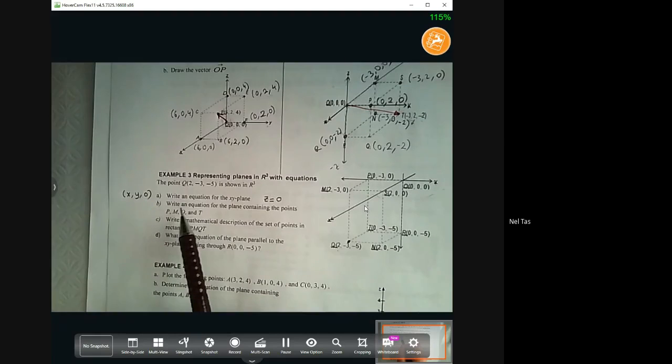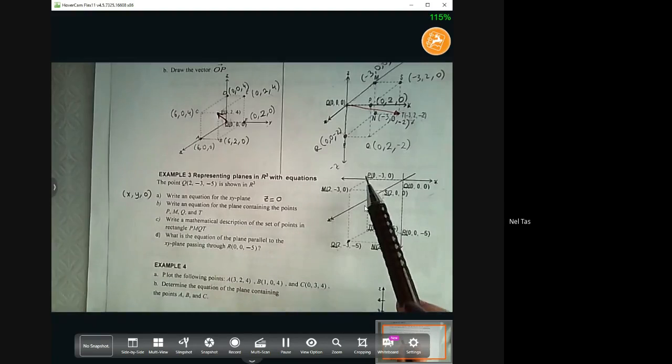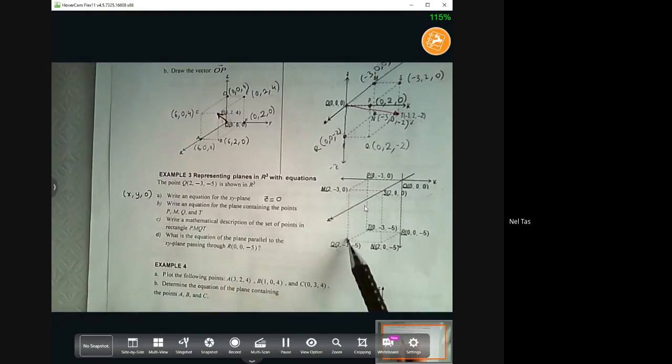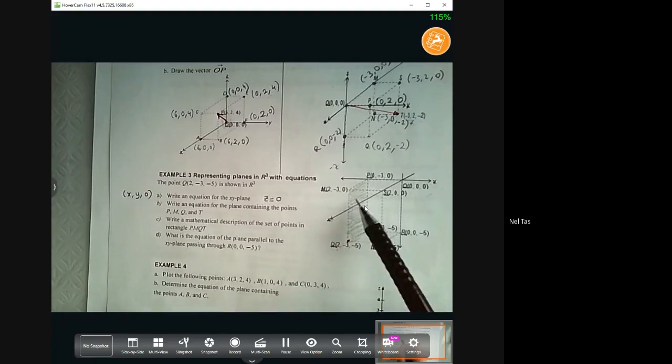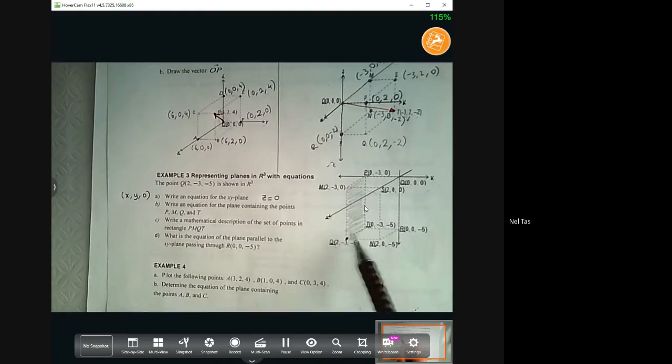B, write an equation for the plane containing the points P, M, Q, T. So we are talking about a plane that holds these 4 points. Think that we are talking about the plane that covers those 4 points, so it goes to infinity in all directions.